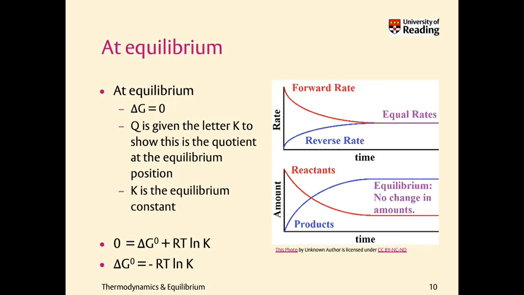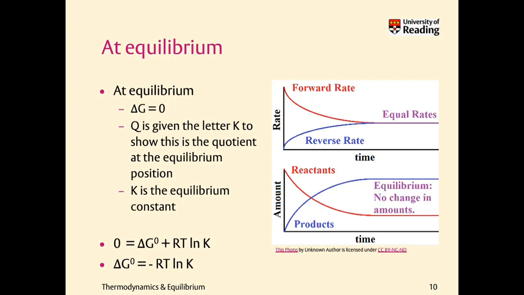If you see here, these two graphs show that. So you can see here rate of the reactions against time. If you start with 100% reactants, initially the rate of the forward reaction will be greater than the rate of the reverse reaction because you will have more reactants than products.